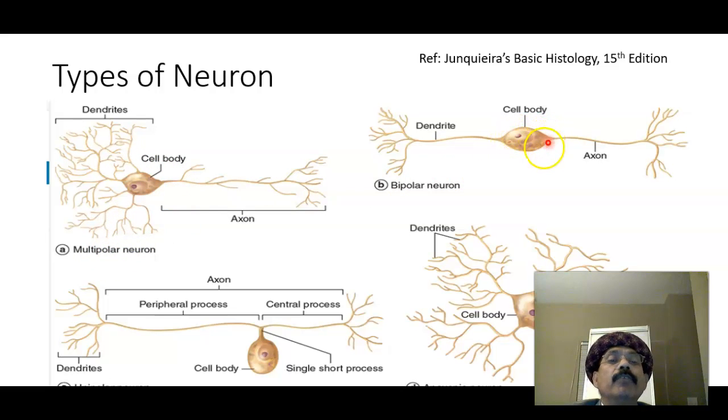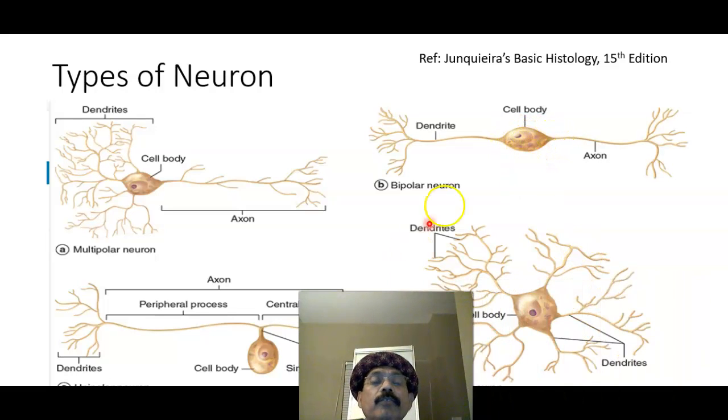Bipolar neurons are present in the area of sensation, like the olfactory area, vestibular cochlear area, the area for special sensation. In the retina of the eye, we get the bipolar neuron, one axon, one dendrite. So it is found in the retina, in the internal ear, also in the olfactory receptor. Those are the bipolar neurons.